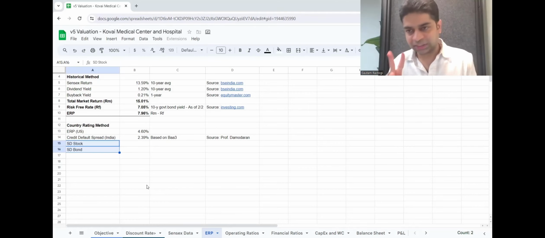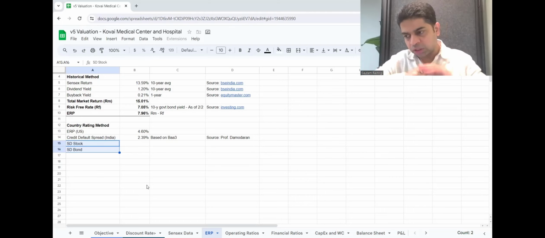There are two ways to get to this estimation. One is to go to Professor Damodaran's website. What Professor Damodaran does is he estimates the standard deviation of the stocks of the emerging market and the standard deviation of the bonds of the emerging market. He doesn't do it for India alone; he does it for the entire emerging market universe.